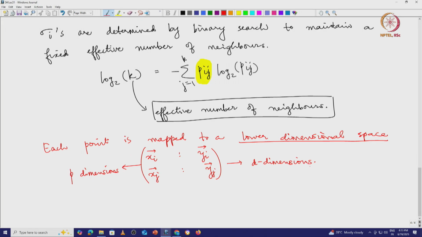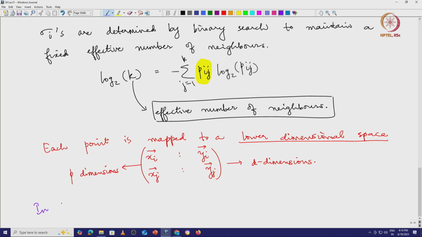Okay, so that is what we had wanted. Now in this lower dimensional space you define the similarity using the student's t distribution, and that is where the name is coming from, the t-SNE or the t distributed stochastic neighbor embedding, that is coming from here.